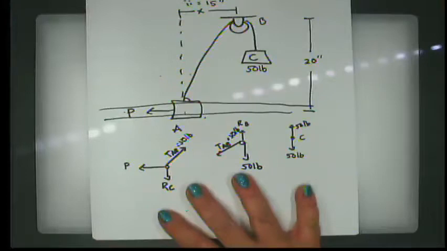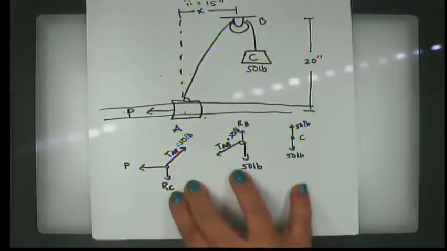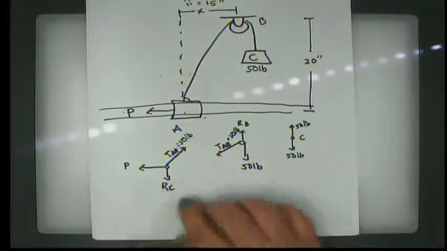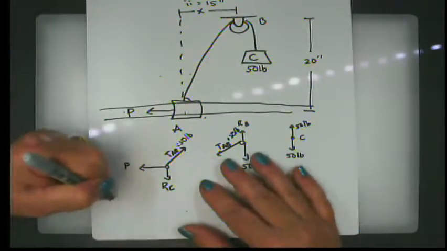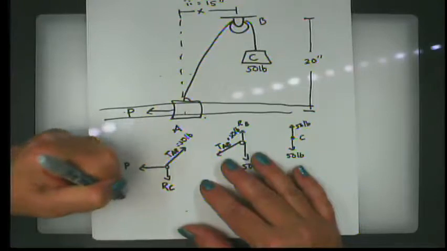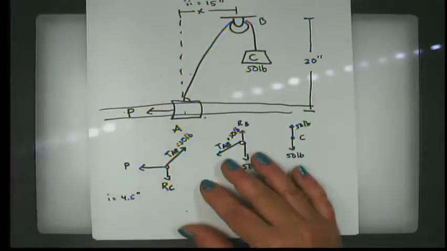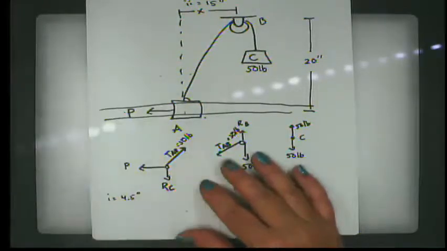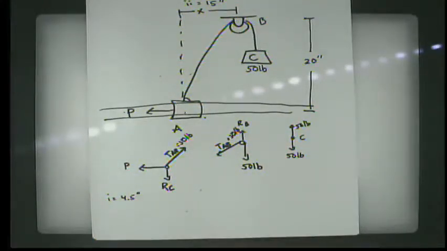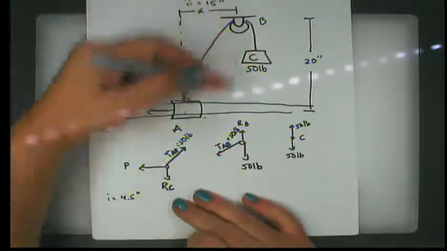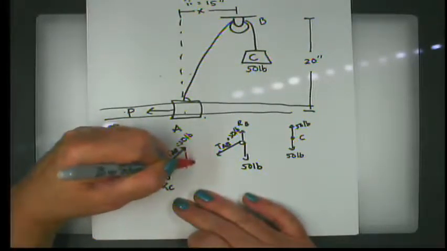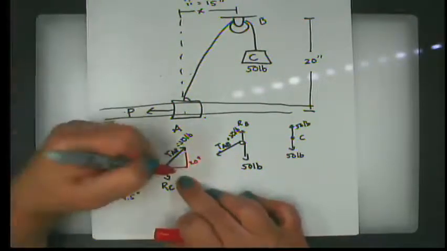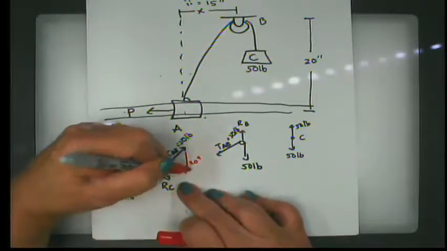All right. So if we look at this problem then, after we do that analysis, it's relatively simple. In case I, where the x value is 4.5 inches, when I draw this out, I have a triangle that looks like this. I know that the distance from here to here is 20 inches. And I know in the first case that the distance from here to here is 4.5 inches.